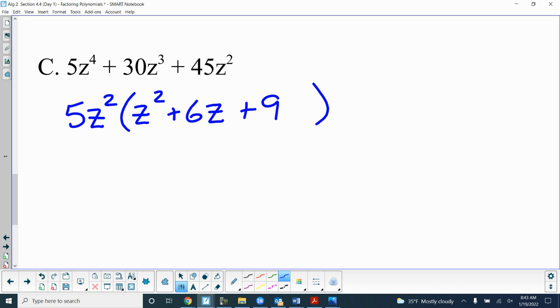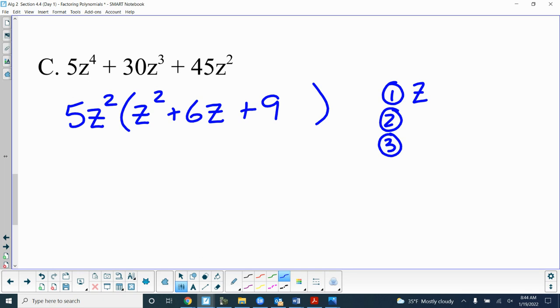We have another trinomial there. Are the first and the third term of the trinomial positive perfect squares? Yeah, they are. So it could be one of those special trinomials where we do our 1, 2, 3 test. How do we get the first number in our 1, 2, 3 test? Square root of the z squared, which is z. How do we get the second term?